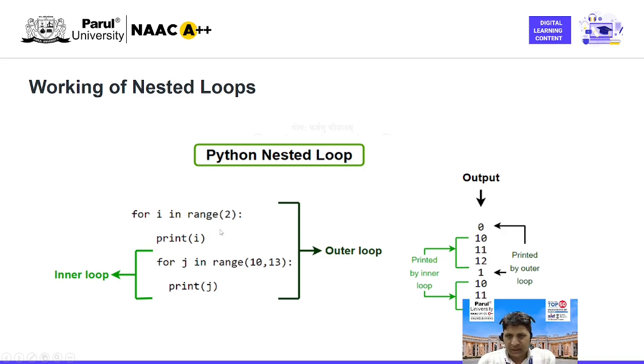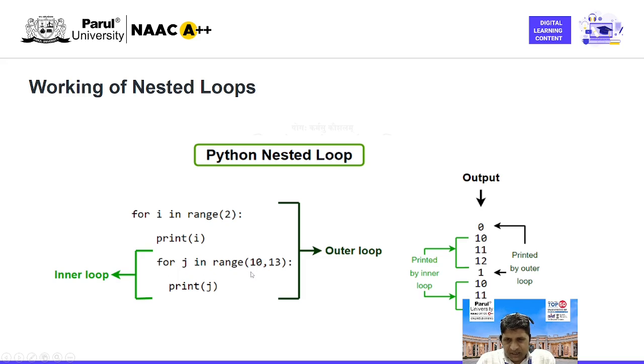Here is one example and you can see the output. For the outer loop, the value starts from 0 and goes up to 2. Print i, it prints 0, then enters the nested or inner loop.